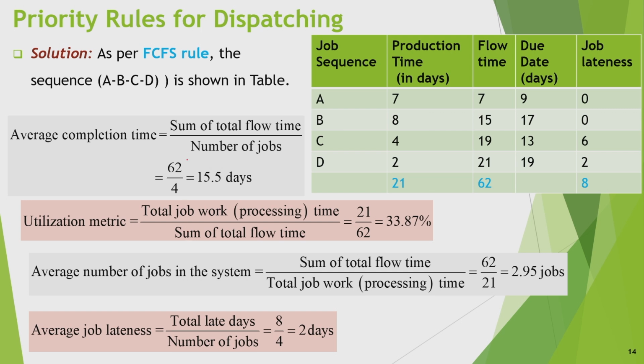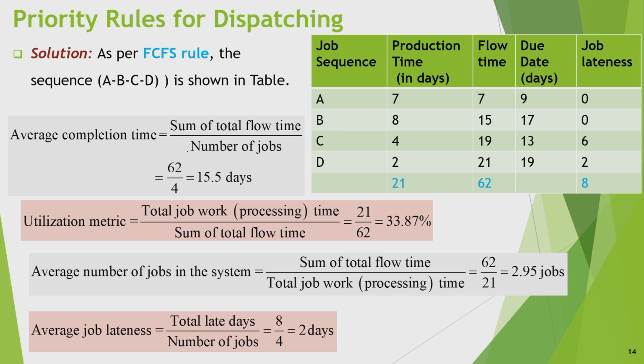is equal to the sum of total flow time divided by the number of jobs, that means 62 by 4 is equal to 15.5 days. The utilization metric is total job work time divided by the sum of total flow time, that means 21 divided by 62.